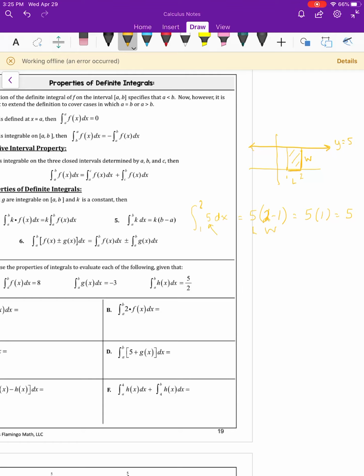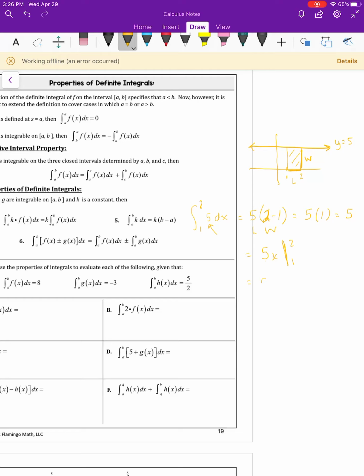And if this is my derivative, then my capital F is going to be 5x from 1 to 2, which is how I technically am going to look at that. The integral of 5 dx is 5x, which is just like a vertical line, we say from 1 to 2.